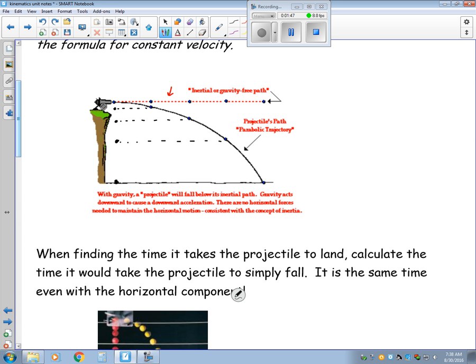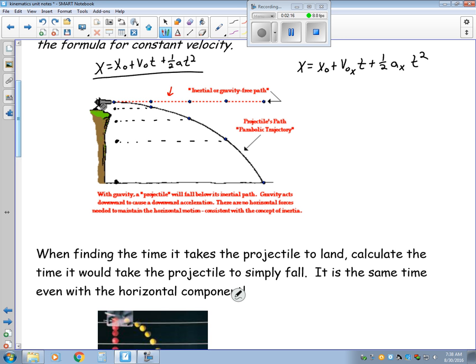So for the x-axis, and for all these, we're going to use our main model for motion. So for the horizontal axis, we have that.